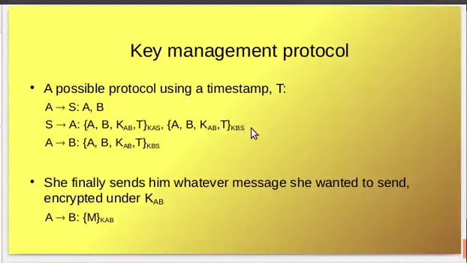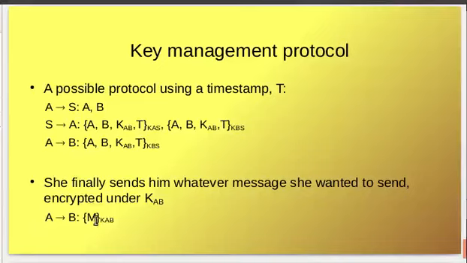And then once they have shared those, Sam sends Alice these two blobs, and Alice sends this blob over to Bob. And then once this is done, Alice can send Bob whatever message she really wanted to send. So the actual communications come after.